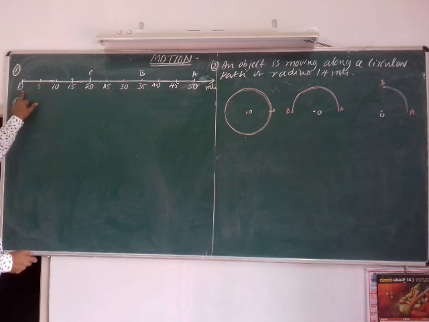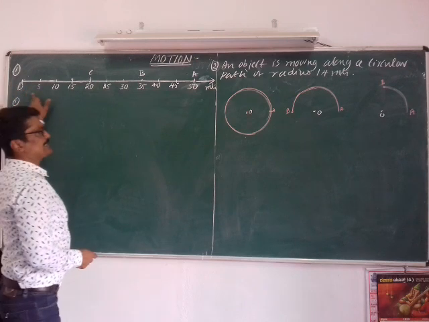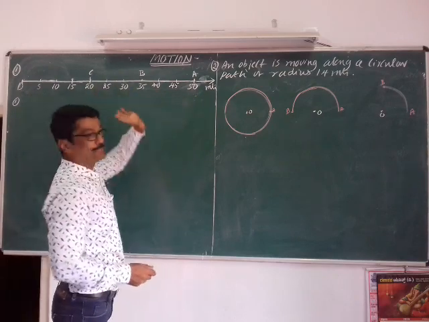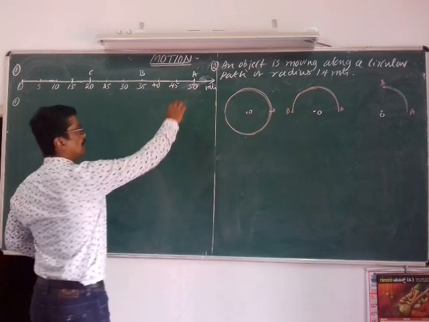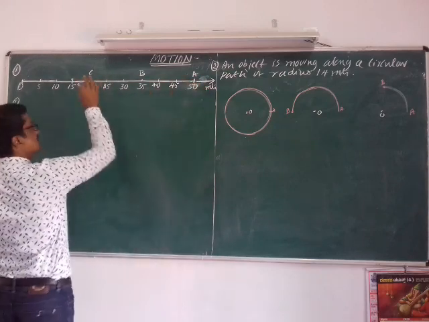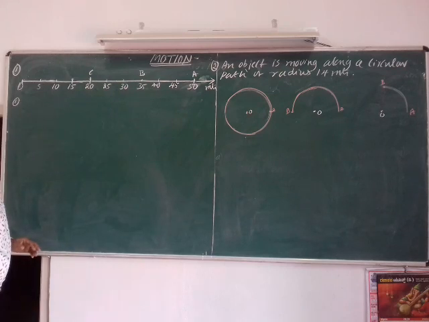An object starts from O and it reaches A through C and D. Next, from A, it reaches C. I will repeat once again.